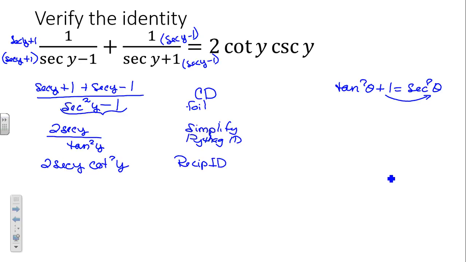And secant of y is what? 1 over cosine. So we can say 2 times 1 over the cosine of y. We need one of the cotangents, don't we? But how can we write the other cotangent? Cosine over sine. So we use a reciprocal and a quotient identity here.